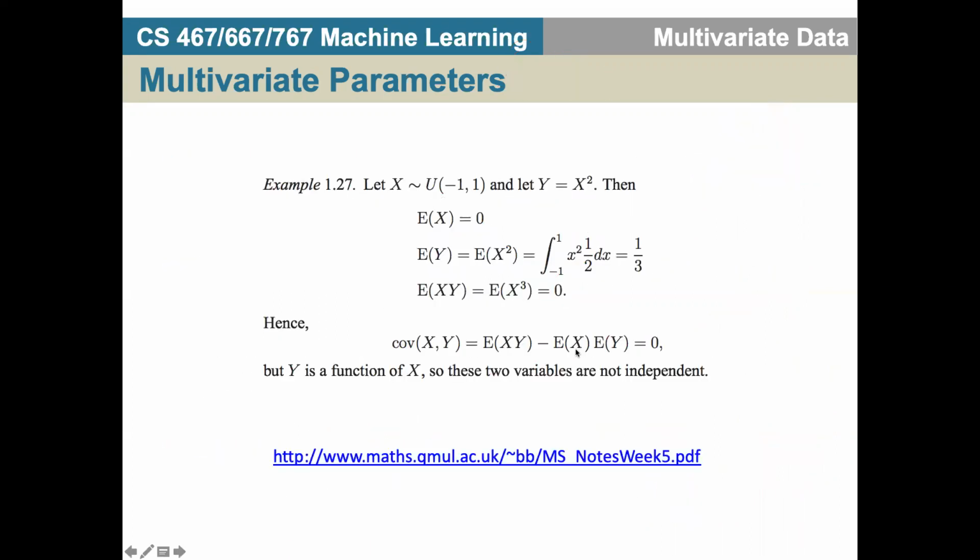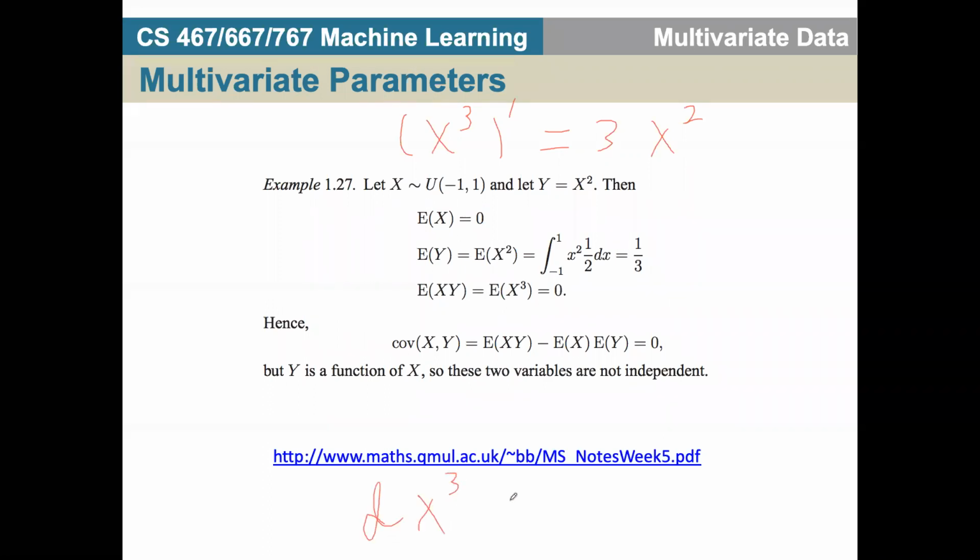Let's clarify. If you have x cubed and you take the derivative with respect to x, it equals 3 times x squared. So in this d form, d of x cubed is equal to 3x squared dx, because dx means taking the derivative with respect to x.